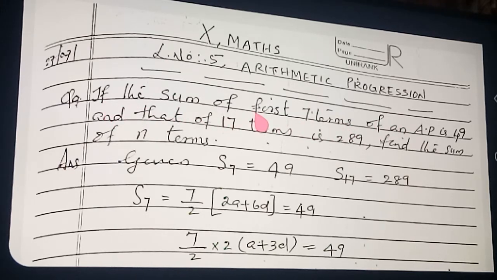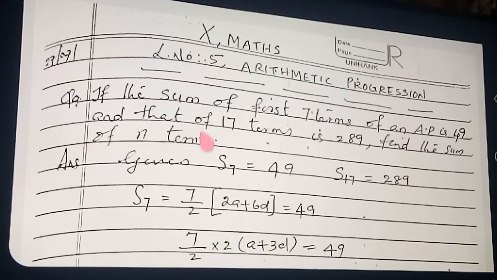If the sum of the first 7 terms of an AP is 49 and the sum of 17 terms is 289, find the sum of n terms.